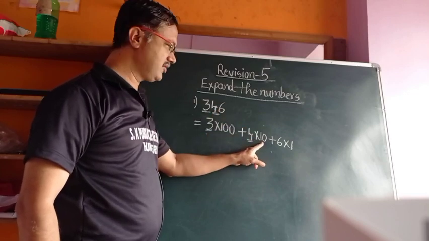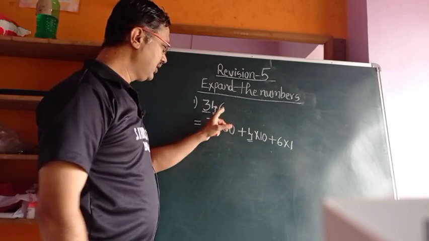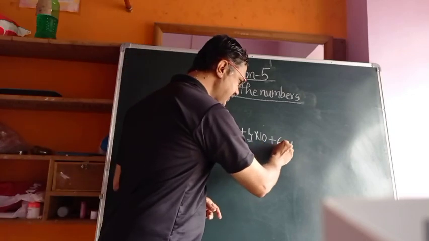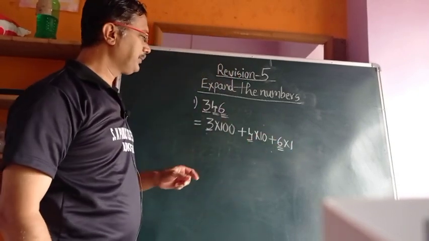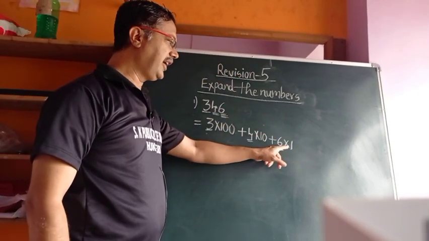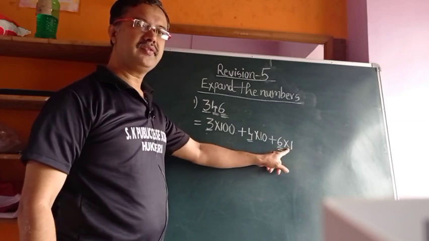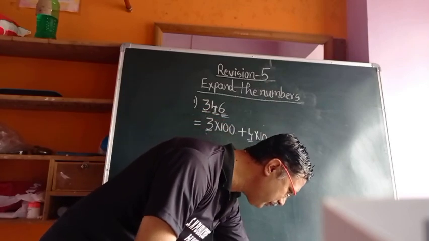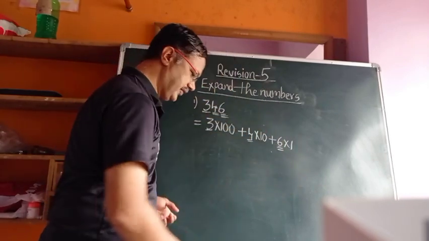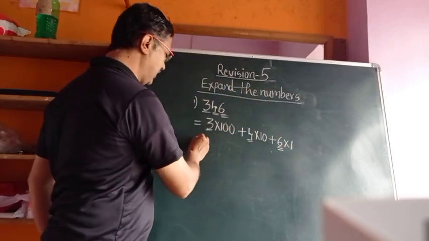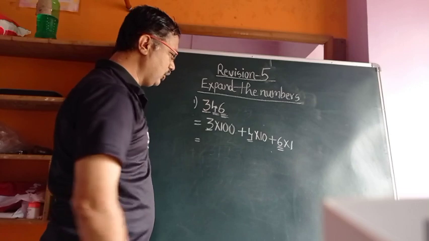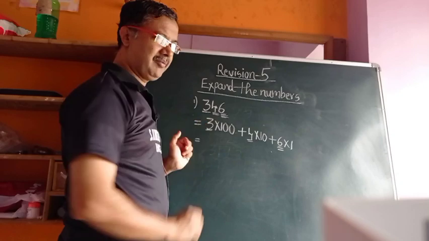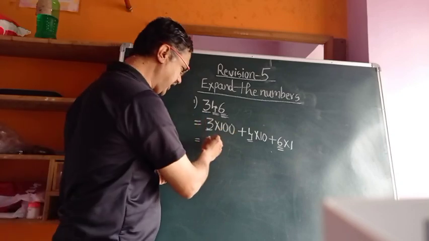It is in the tens place, so we are writing 10. 6, this is 6, I wrote as usual, and it is in the ones place. So we wrote this. Now we got the answer. Now how to write this in expanded form? It is the first step. Now we will go to the second step.